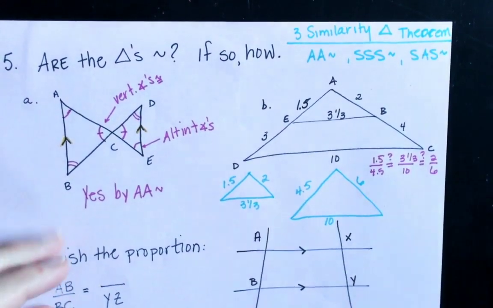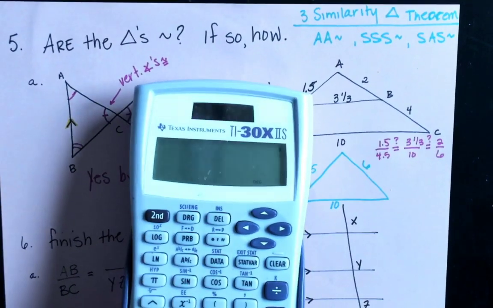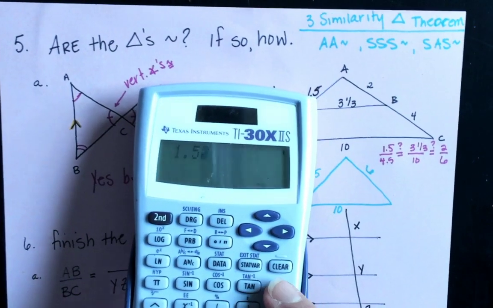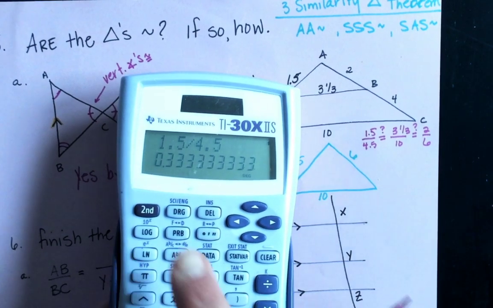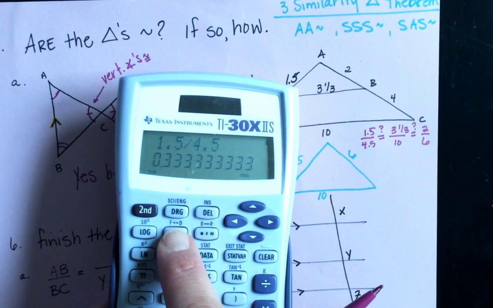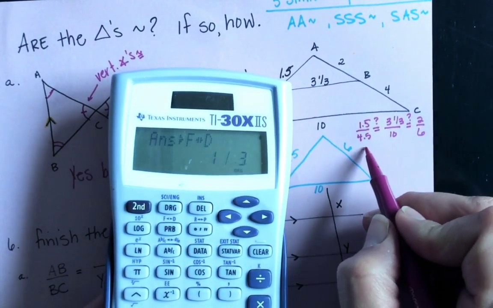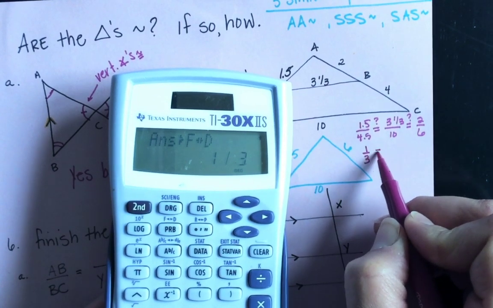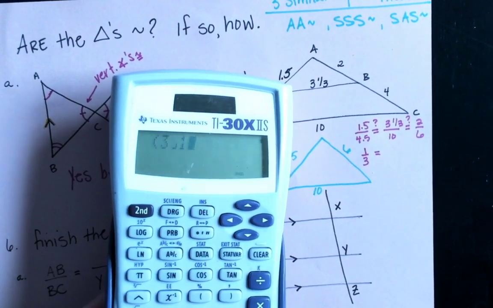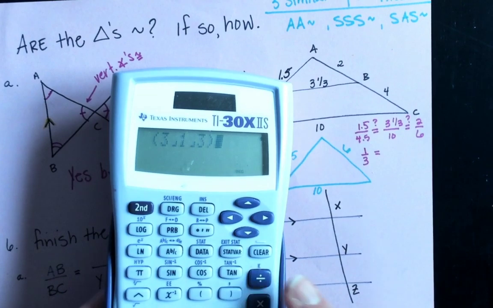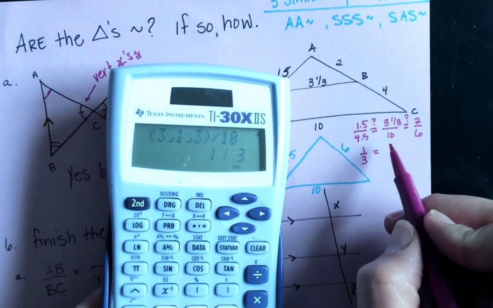Now I can go directly to my calculator and check: is 1.5 divided by 4.5, and we can see that that's the repeating 3s, and again we can push the second button and the F to D button and change that to a fraction if we don't have it memorized already, and we found out that guy was 1/3. I can do this one, 3 ABC 1 ABC 3, close those parentheses, divided by 10, and it gives me the fraction 1/3, so now we're on a roll.